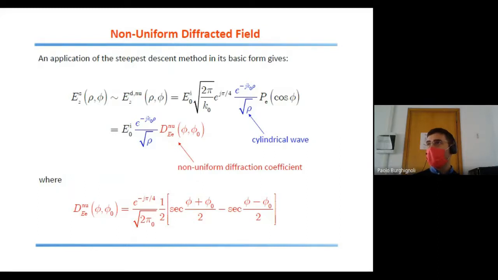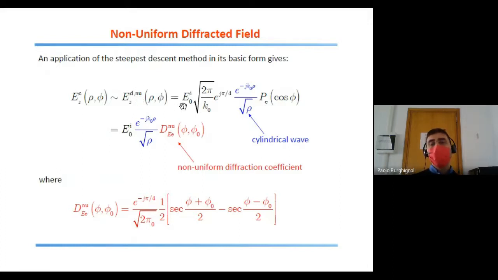And if we do that, we discover that the scattered field can be approximated asymptotically by means of this field here, where in the superscript we have D, that stands for diffraction, and NU, that stands for non-uniform.